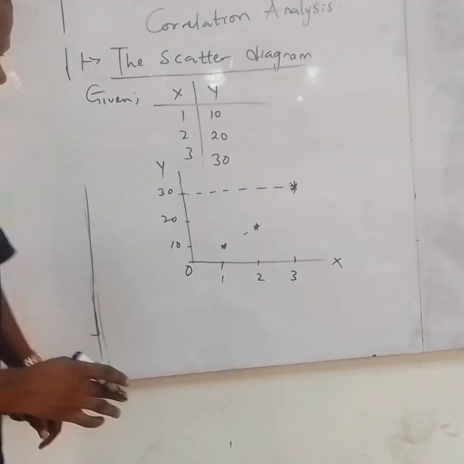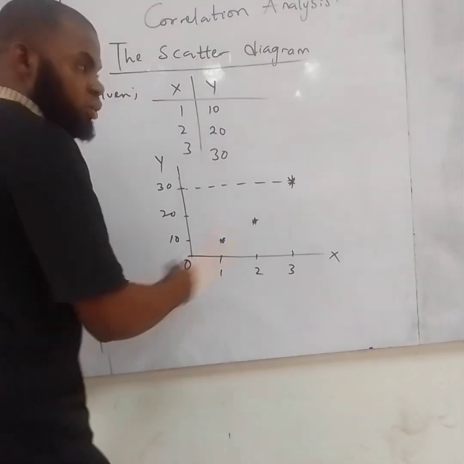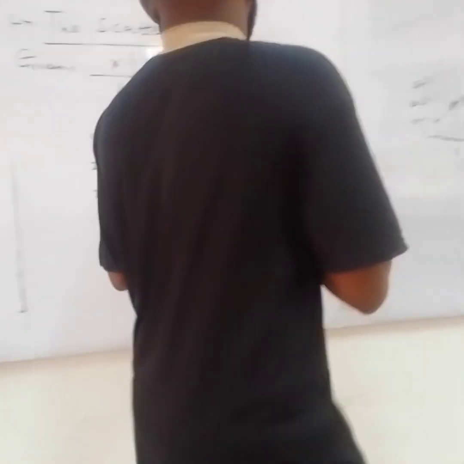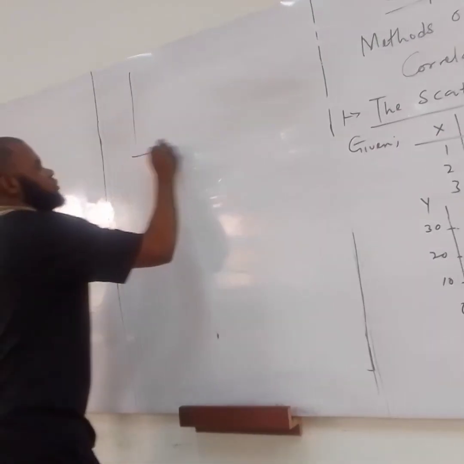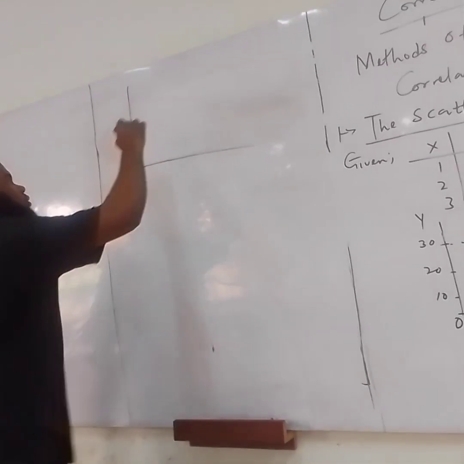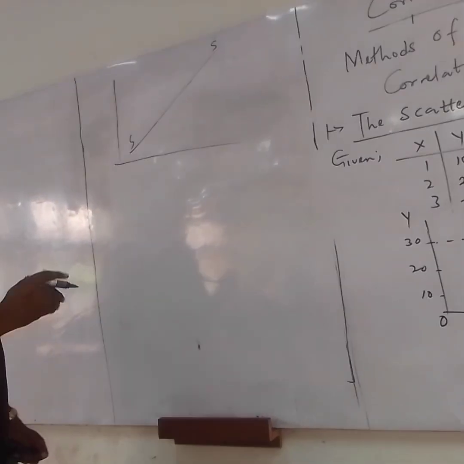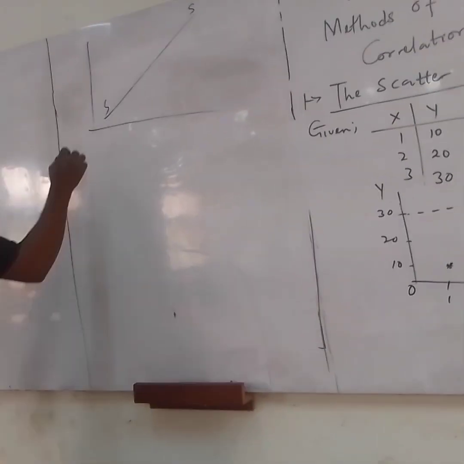I'm having a perfect relationship here. It's more like the supply curve. You can remember a supply curve looks something like this, and a demand curve something like this.